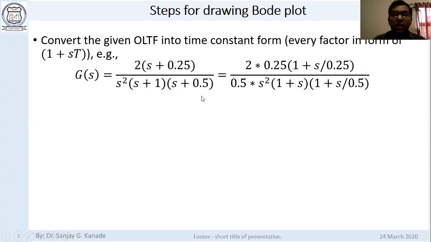Similarly, in the denominator, 1 plus s is already in 1 plus sT form where T is equal to 1. Here we have to make 0.5 equal to 1, so divide by 0.5 and then multiply by 0.5. So 0.5 comes out, 1 plus s by 0.5. This is how we convert the given OLTF into time constant form.